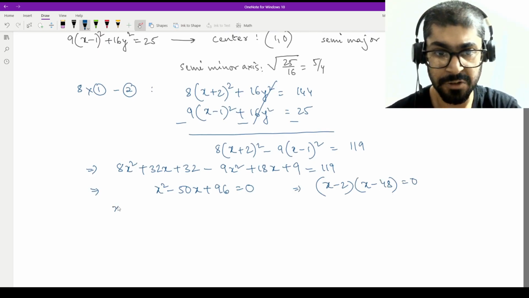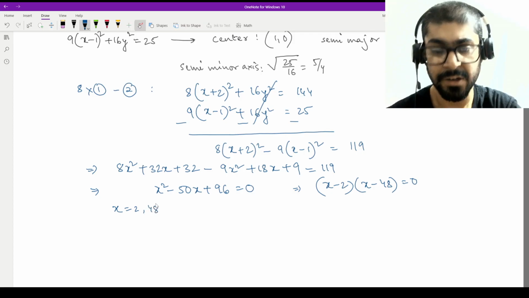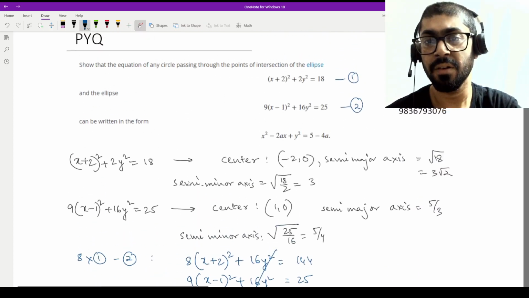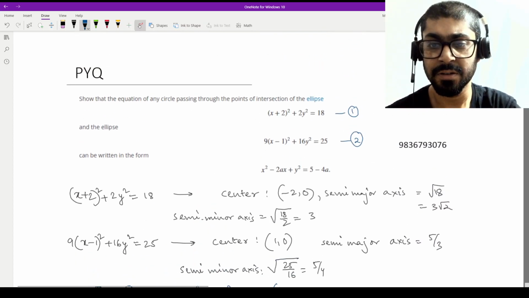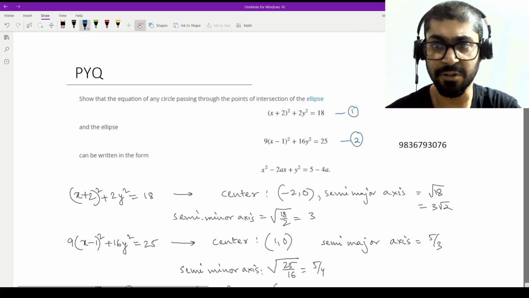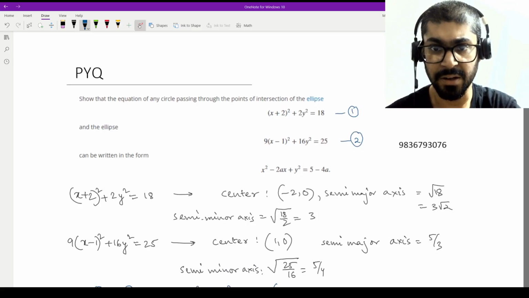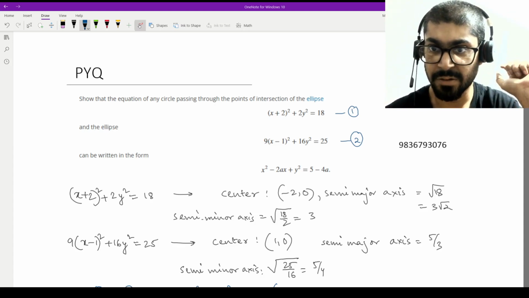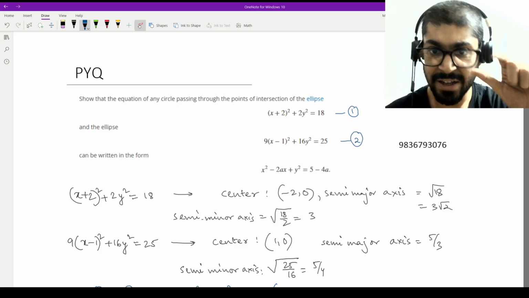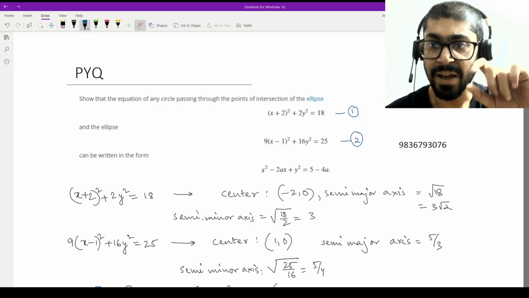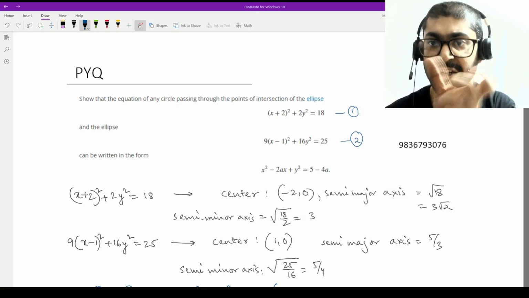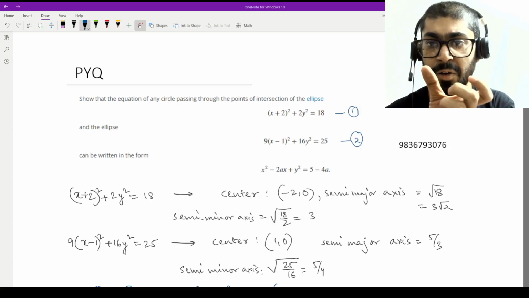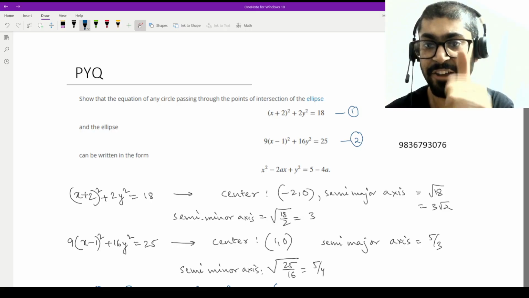Now here we have two solutions, x = 2 and 48. Now x = 2 is possible, right? x = 48 is not possible. Why? Because the center of the first ellipse is at (-2, 0), and the center of the next ellipse is at (1, 0), so these are very near to the origin, and then the axes are about 3 root 2 units, 3 units, 5/3 and 5/4 away.